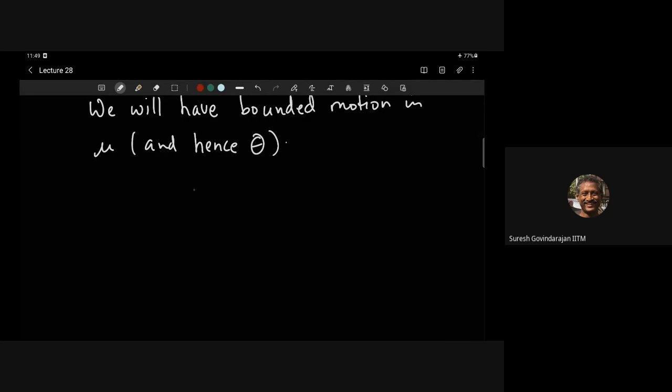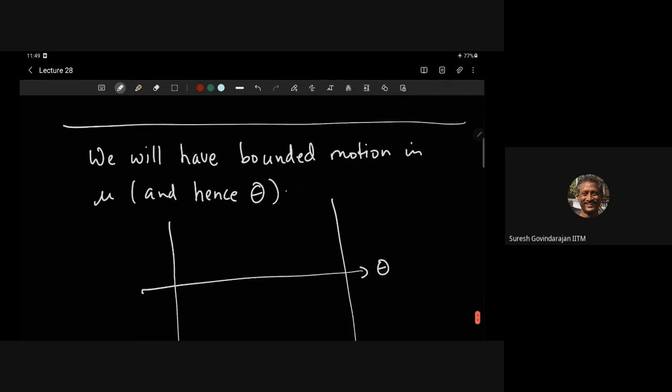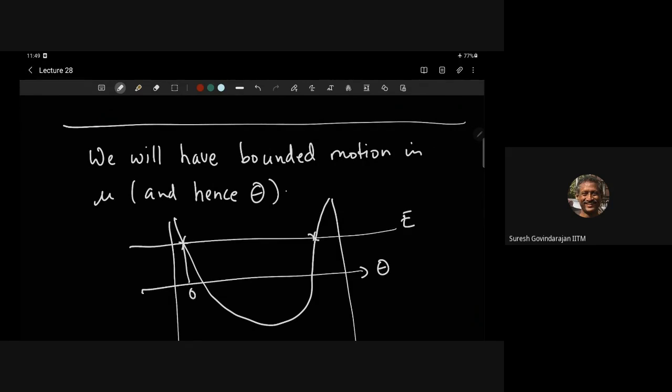Similar thing. What we have is 0 and pi. This is theta. Then we have some V effective, which goes something like this. It blows up at those points. If we choose a value of E, let's say we get these two points. This is theta 1 and theta 2. Now I'm plotting V effective of theta.